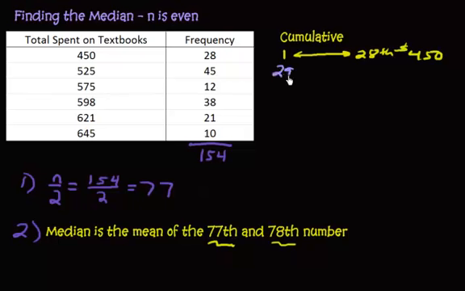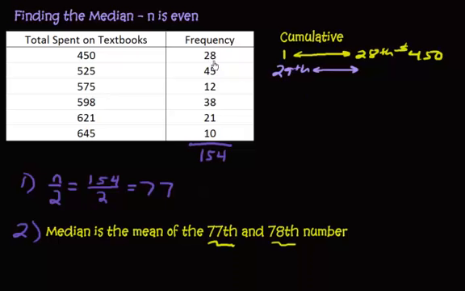The 29th person is going to spend $525 on their textbooks, all the way to what? Well, the 29th person spends $525, and we're going to add on 44 more people. In other words, we're going to take 28 plus 45.